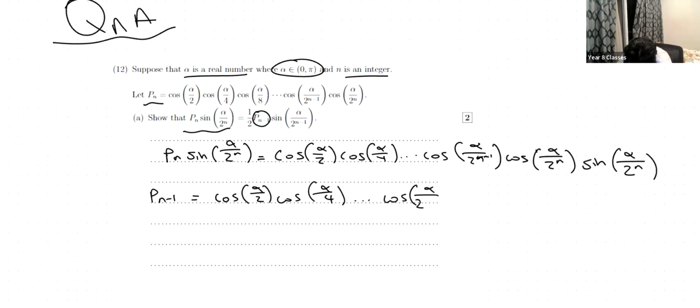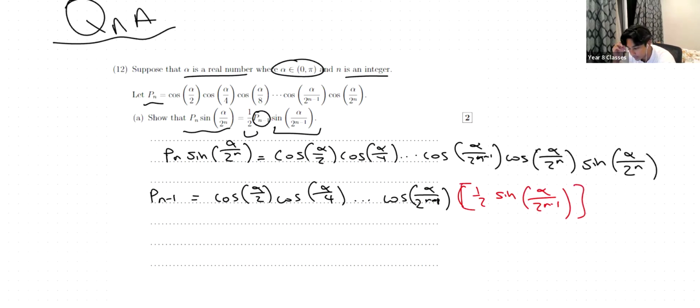I need to essentially source a half sine alpha on 2n minus 1 here, and that's going to be the equivalent of this thing here, from what they're telling me.